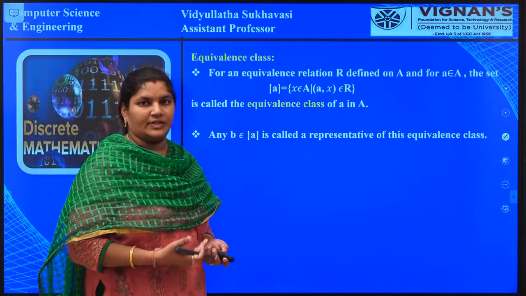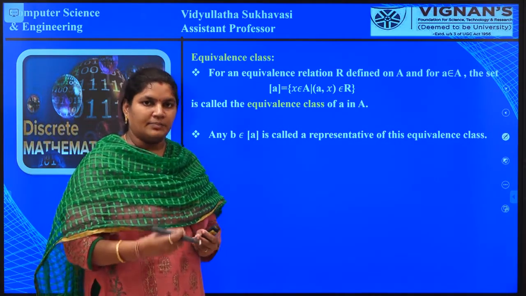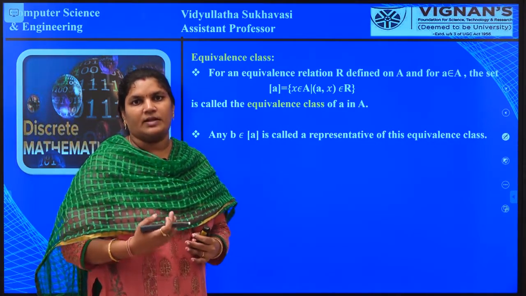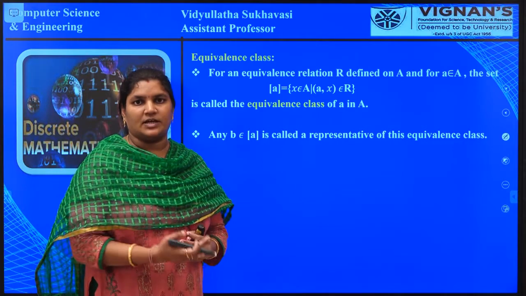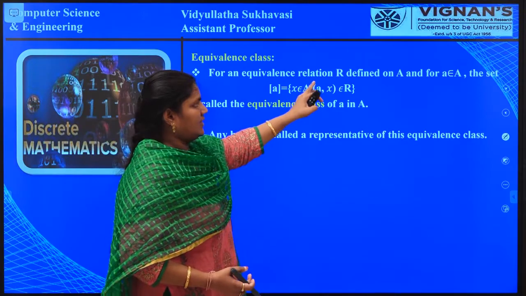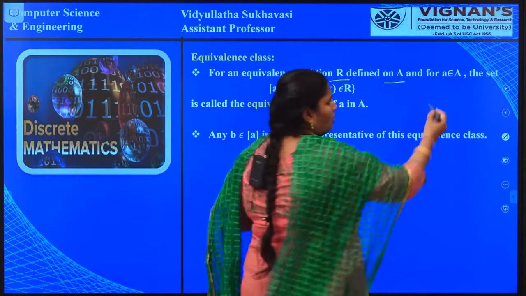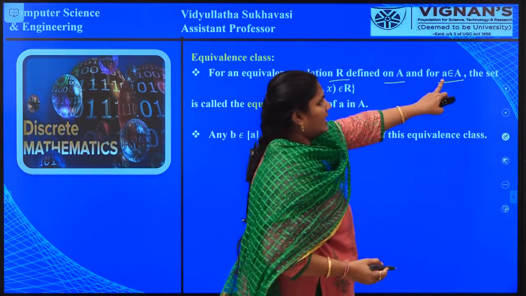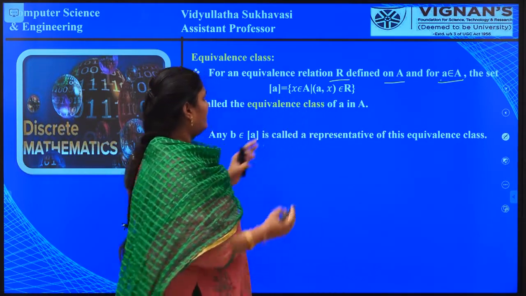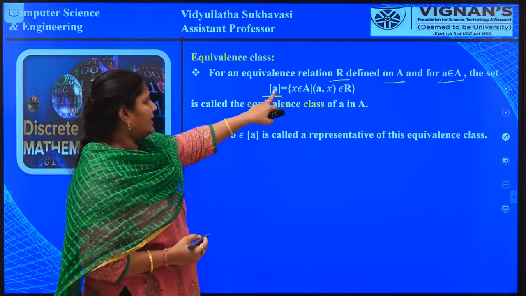Next we will check whether the given equivalence relation has an equivalence class or not. Sometimes they will ask you to check whether the equivalence relation has an equivalence class, or to represent the equivalence class for the relation. For any equivalence relation R on A, for a belongs to A, here a is an element belonging to set A. The equivalence class is represented with square brackets and the element.